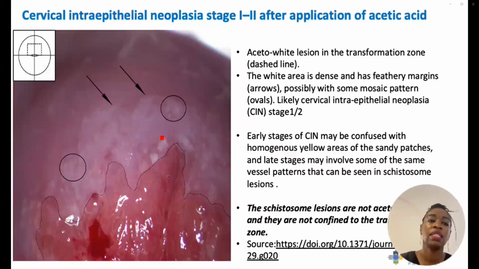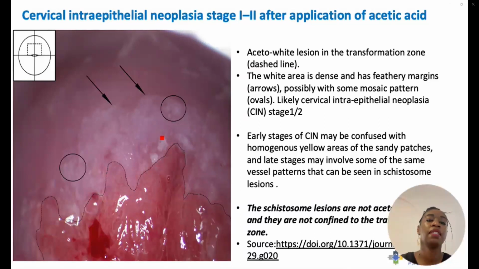So the next one is after application of VIA. You can still see our endocervix down here, which is a bit red compared to the rest, but they've applied acetic acid that has caused all this acetowhitening at the transformation zone. And of course, following histological exam, you're able to get the CIN classification.